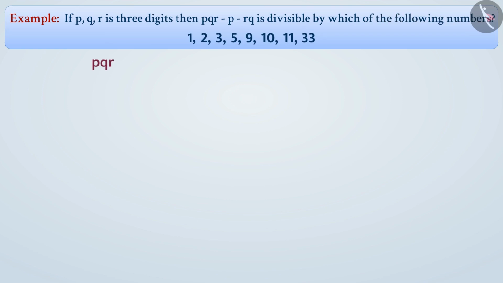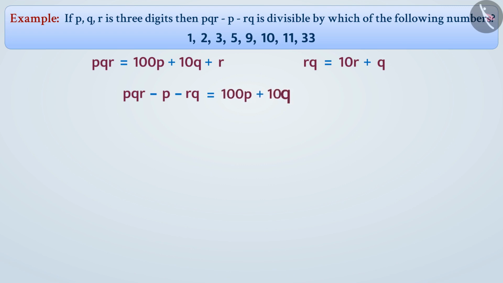Here, PQR is equal to 100P plus 10Q plus R. Similarly, we can write RQ as 10R plus Q. In this way, PQR minus P minus RQ is equal to 100P plus 10Q plus R minus P minus (10R plus Q), which is equal to 100P plus 10Q plus R minus P minus 10R minus Q.